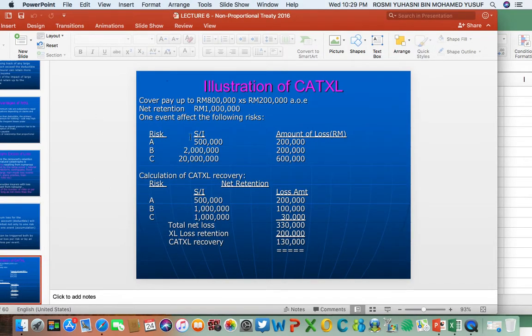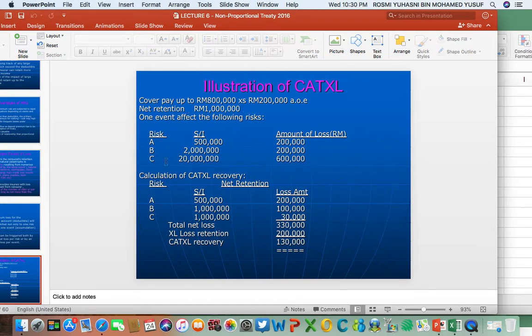Let's see, for example, how catastrophic works when it comes to claims. The cover is 800,000 maximum and the deductible is 200,000 any one event. Insurer net retention is 1 million per risk. One event affects the following risks.